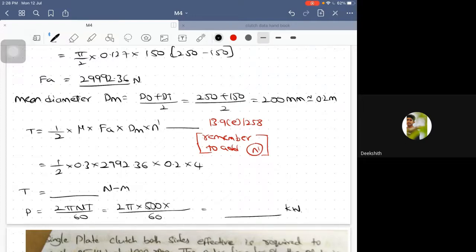Okay, so 359.08 to be accurate. Can you give me the value of power?